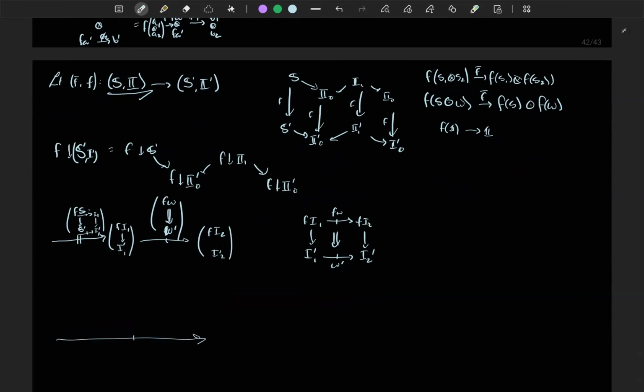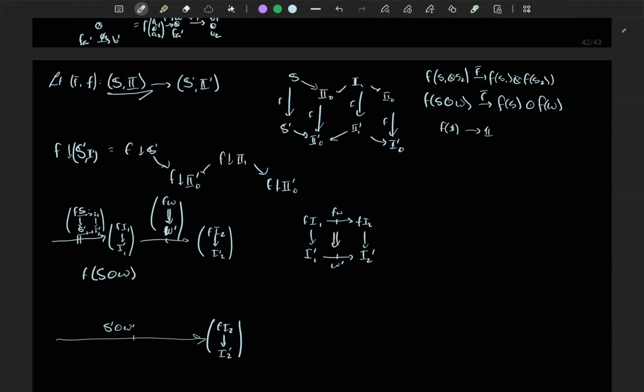Well, again, I can form the composite up here, and I can form the composite down here, right? And I want to map them over. This is the same thing, f of I2 to I2 prime. And I want to map them over, but I have to put an f over, so I want to take s dot w.